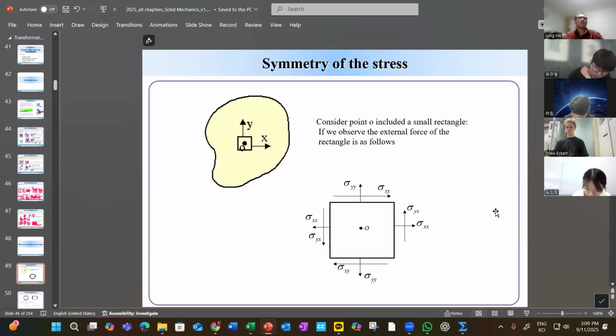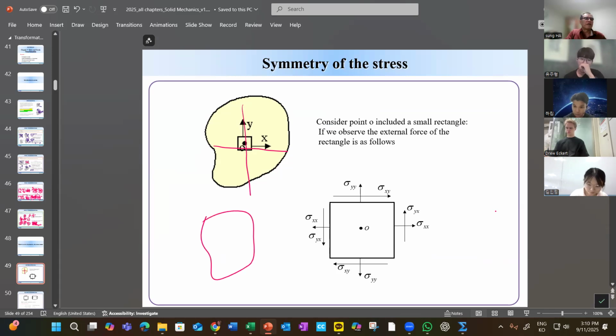Okay, back to the 2-dimensional case. We can cut here and we can cut here. I mean, previously we could cut here, but these two planes can be arbitrary. We just cut x and y. Now, to represent the point here, it is convenient to define a small rectangle like this.